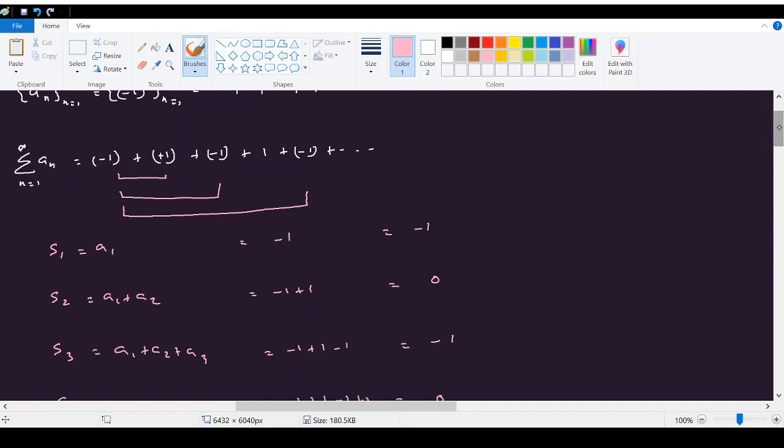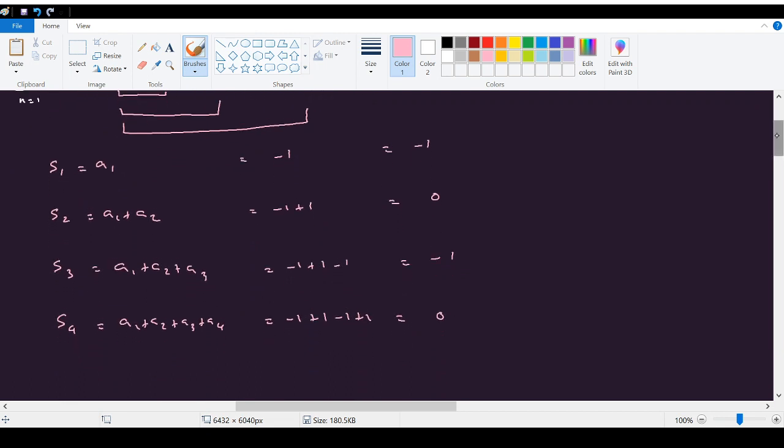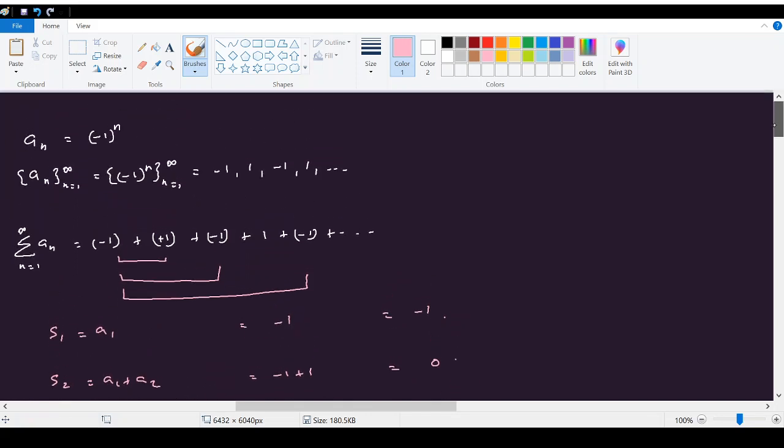So if you compute them carefully, you can see that the sequence of partial sums will be something like this: -1, 0, -1, 0, -1, 0. So that is the pattern of the sequence of partial sums in our given series. Remember I said when you have a certain series, there are two sequences that you can extract.